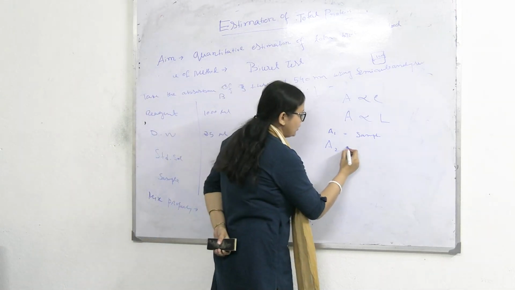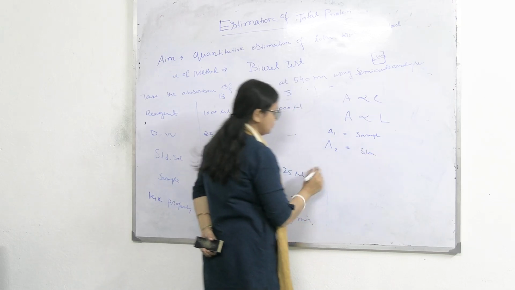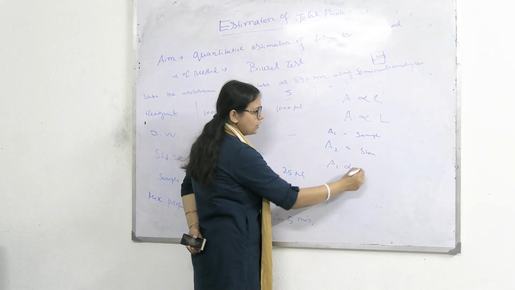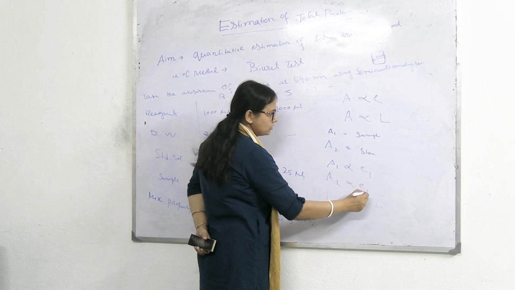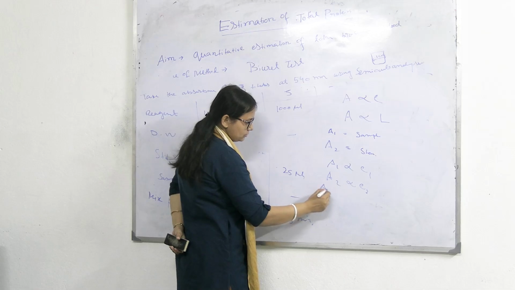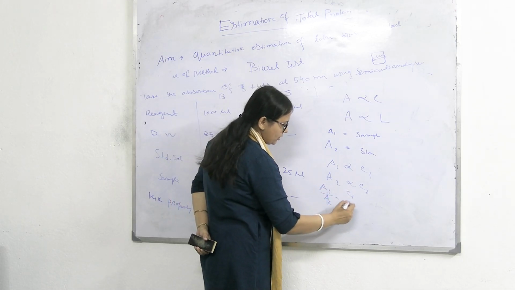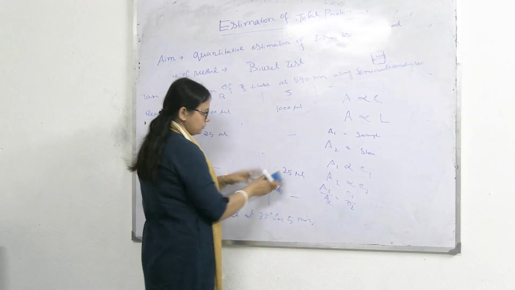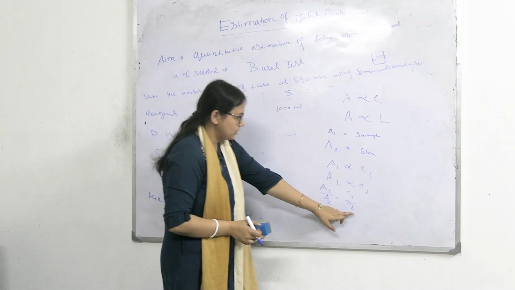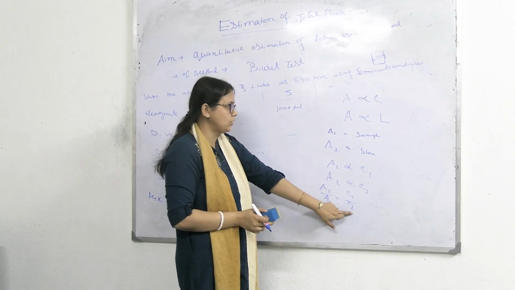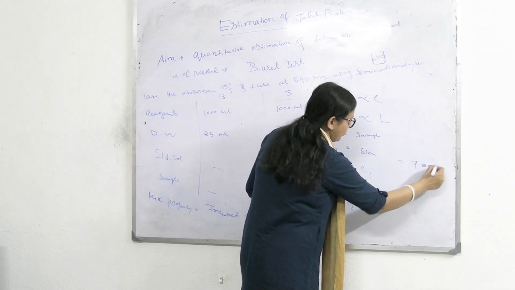Okay, so A2 is standard solution. So A1 is proportional to C1 and A2 will be proportional to C2. তাহলে A1 by A2 equal to C1 by C2. তাহলে in that case C2 is known, কারণ এটা স্ট্যান্ডার্ড এর C2 ভ্যালু বলা আছে 7 gram per dl.